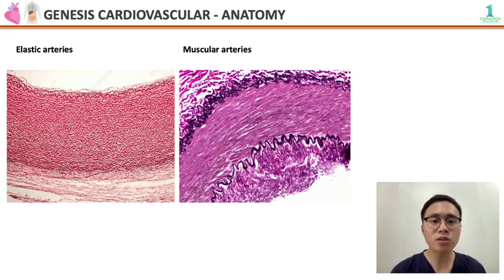As compared to a muscular artery, meron ka bang nakikitang ganon? No? Yung mga parang swirly na structures dyan, wala. No? Actually meron, but konti lang as compared to the elastic arteries. Okay? And the muscular arteries, what's characteristic of them would be the prominent internal and external elastic lamina. Okay, so may ganito sila. Okay, that's quite prominent.